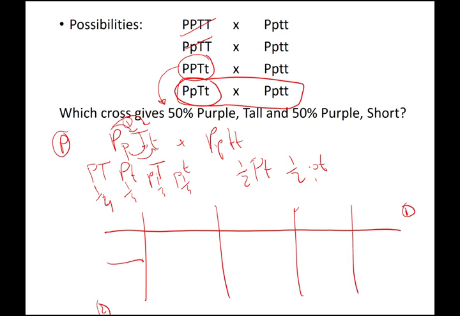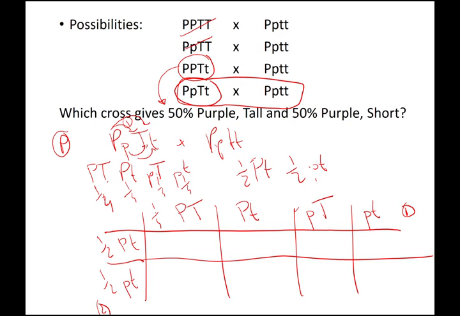Plant number 1 will be 1/4 like this, 1/4 like this, 1/4 like this, and 1/4 like this. Whereas in the other plant, you would have half like this and half with both recessive forms of the alleles.